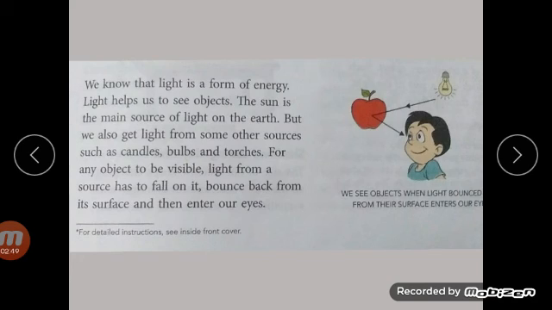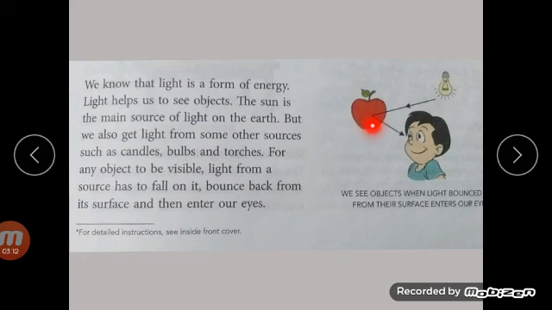For any object to be visible, light from a source has to fall on it, bounce back from its surface, and then enter our eyes. With the help of this picture, it is explained how we are able to see an object.